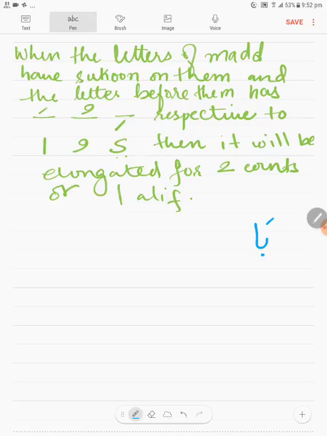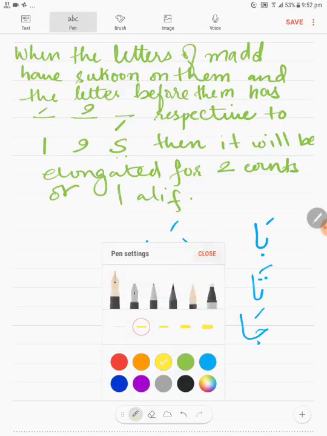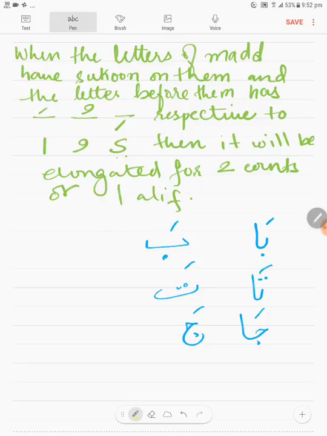Ba, Alif, and Ba is preceded by the Zabar. So it's Ba, and this is Ba. Ta, Ta. Ja, Ja. Bu, bu, tu, tu, ju, ju.